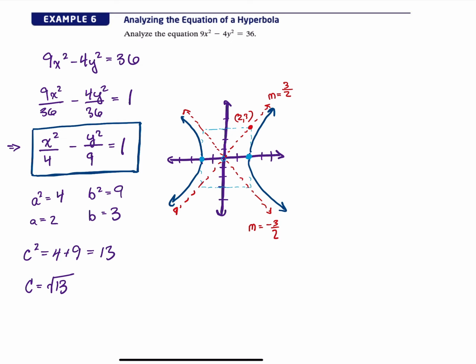Okay, let's list our attributes. The center point is at (0, 0). Our focus points, that's a distance of c away from the center. This time they'll be to the left and right of the center, so we should have (positive square root of 13, 0) and (negative square root of 13, 0).